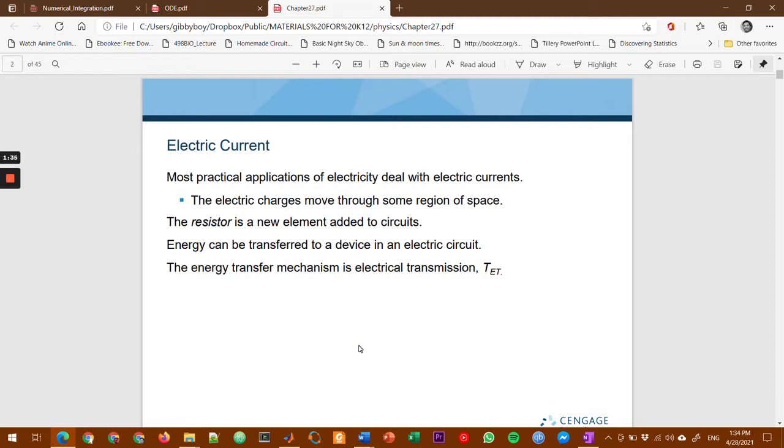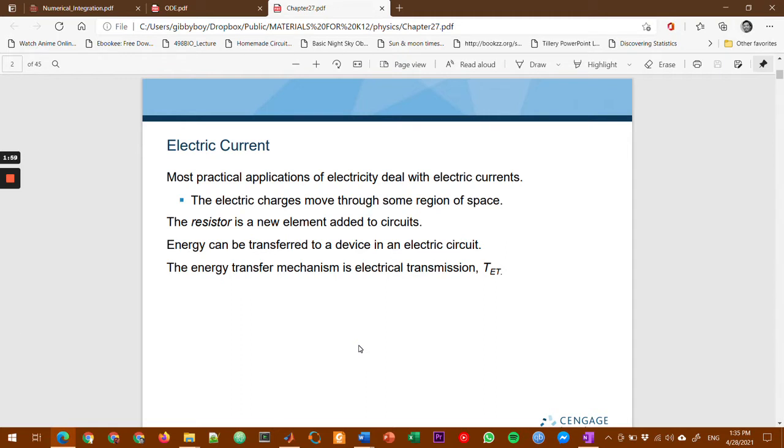We have inductors. As these charges travel in the circuit, there could be many energy transformations which take place, such as energy being converted to sound, heat, or light in a light bulb. Examples of energy conversion in an electric circuit: you have your flashlight.